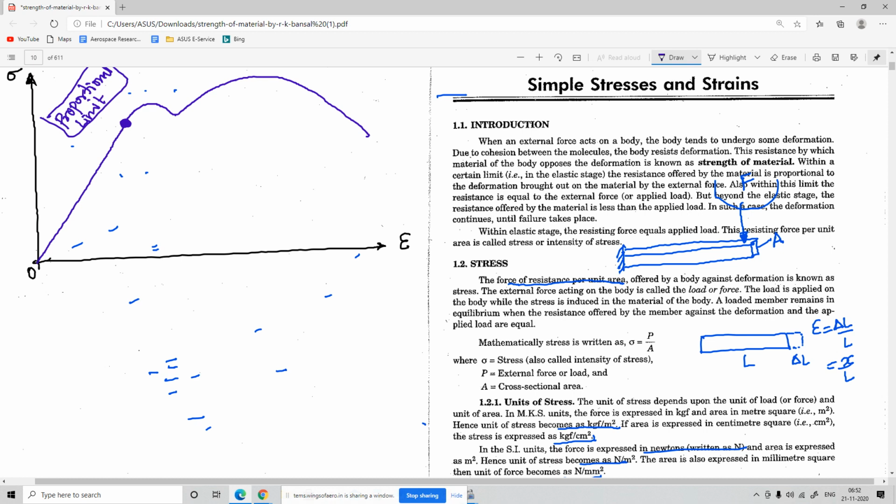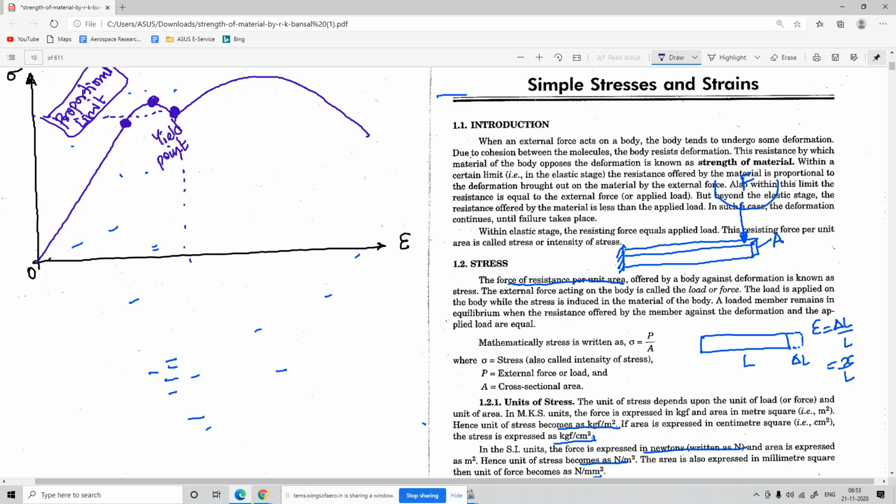This is the upper yield point, this is the lower yield point, or I can say the permissible point. At this particular point, this is the permissible stress, and along with this point is the permissible strain.